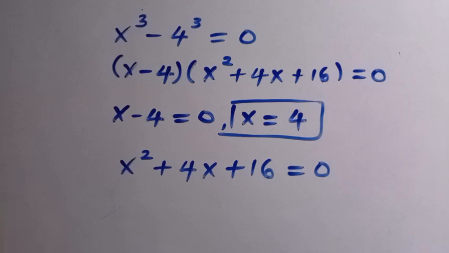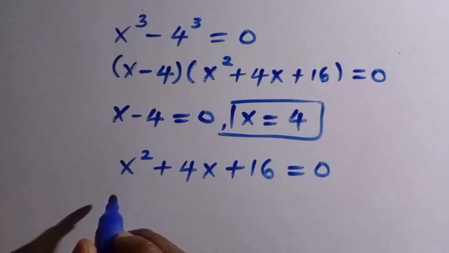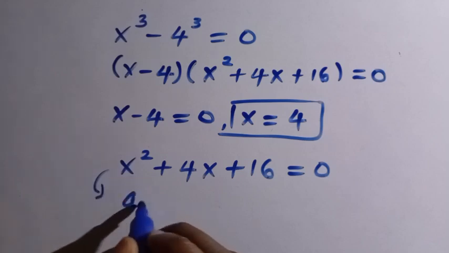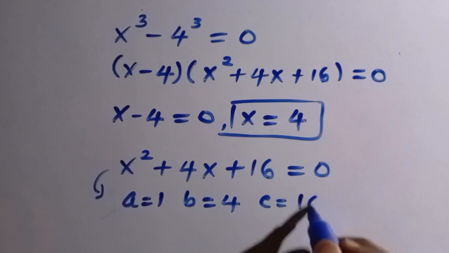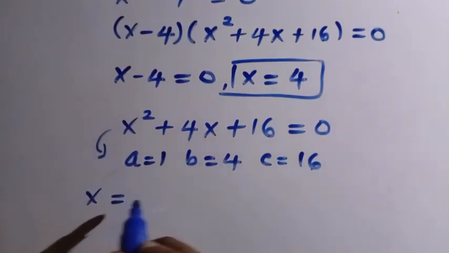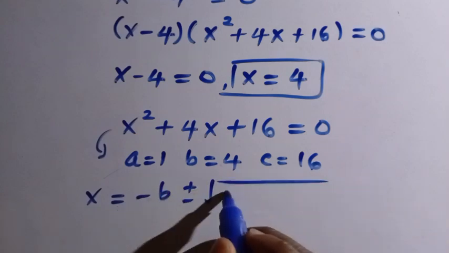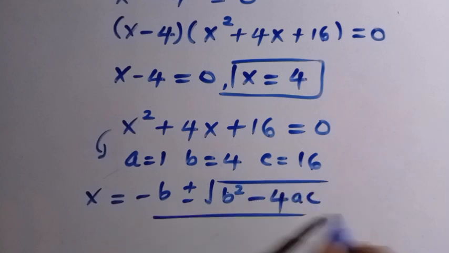And then from here we are going to see that this is a quadratic equation, and we can solve this by using the quadratic formula. So here we consider a equals 1, b equals 4, and c equals 16. And by this we input this in the formula: minus b plus or minus square root of b squared minus 4ac, divided by 2a.